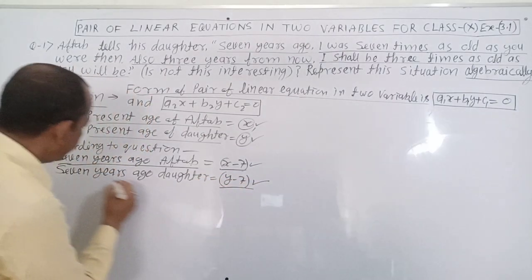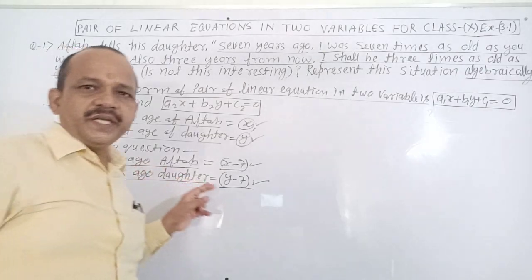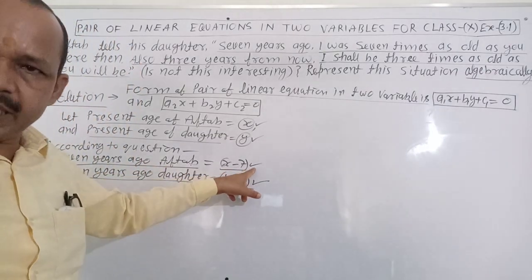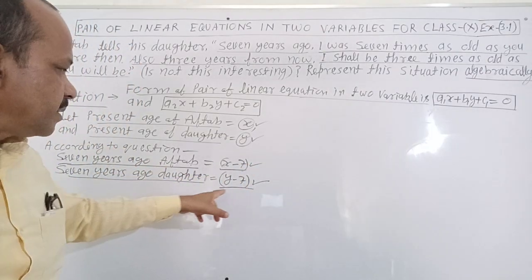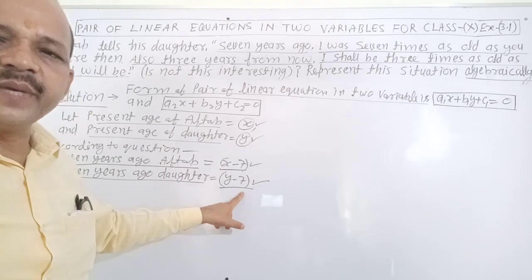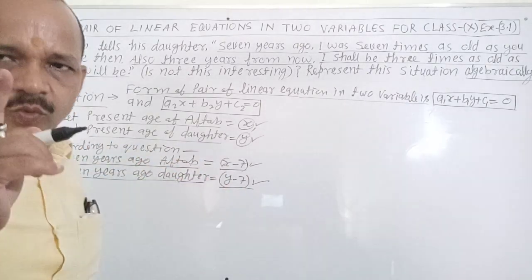So 7 years ago Aftab x minus 7, 7 years ago daughter y minus 7, according to the question.